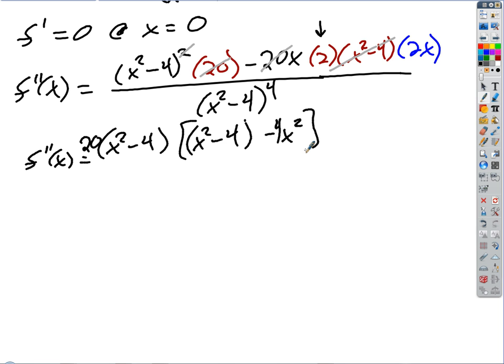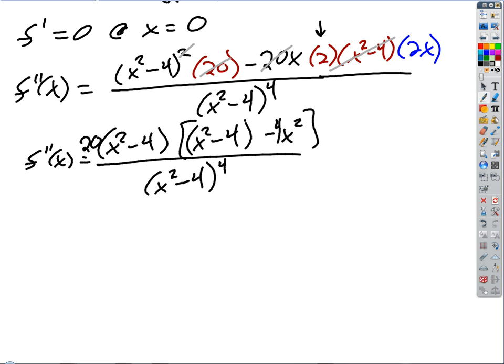If we just add like terms up. What about on the bottom? On the bottom we've got x squared minus 4 to the 4th. Any cancellation? Everybody see that? Now we can cancel like factors. How many factors do we have on top?